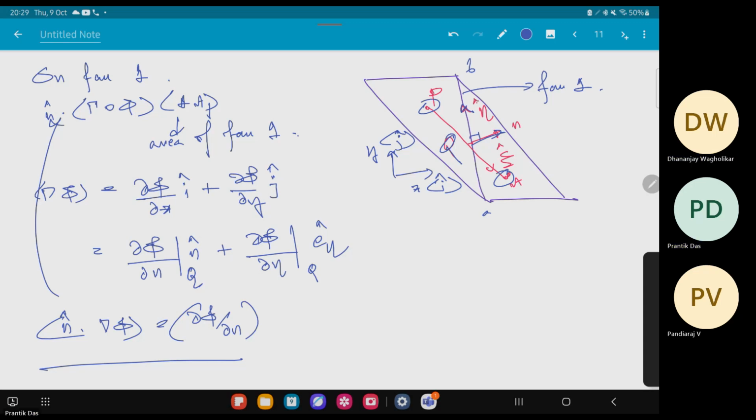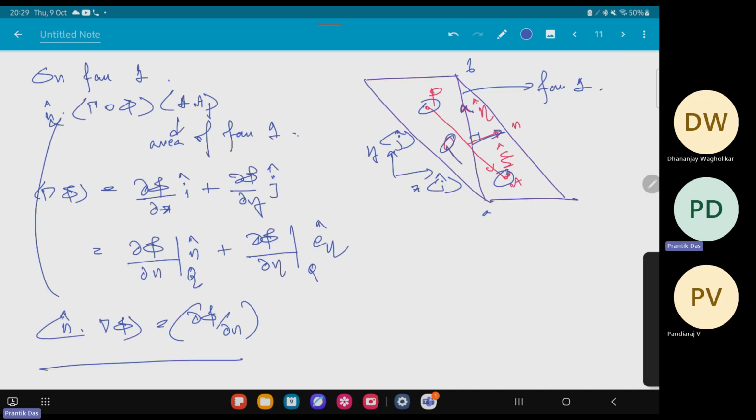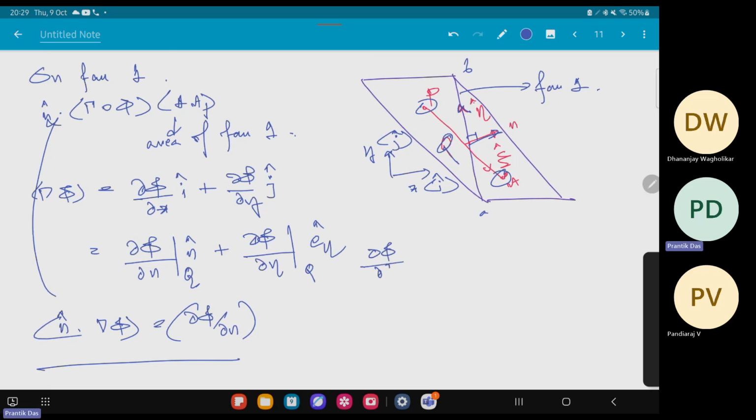Yes, yes. हाँ ठीक है चलो and then now let us pay attention to the shown figure. So d phi d zeta actually represents del phi dot e zeta cap, just like d phi dn equals del phi dot en cap.